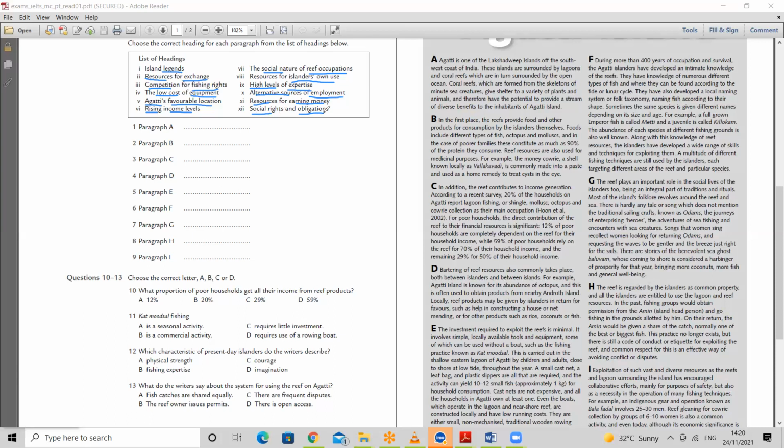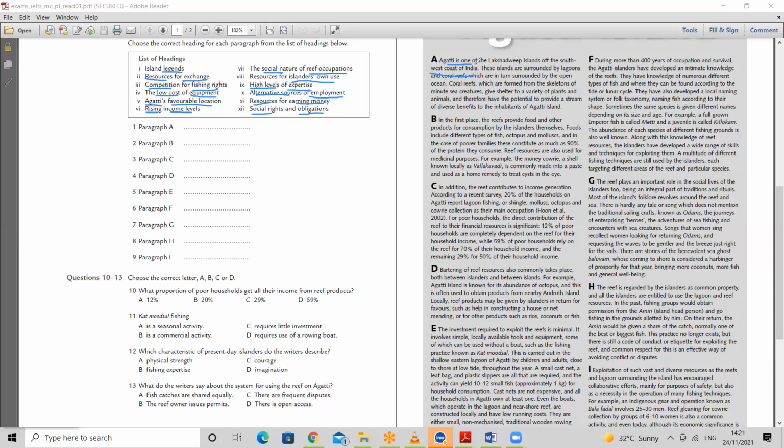Now, since we have highlighted the important words from the list of headings, and each heading represents an important keyword, a signal word that will help you to decide which should be the right answer, this time I'm going to read the next paragraph. I'm going to look at the first sentence of paragraph A. It says that Agati is one of the Lakshadweep islands off the southwest coast of India.